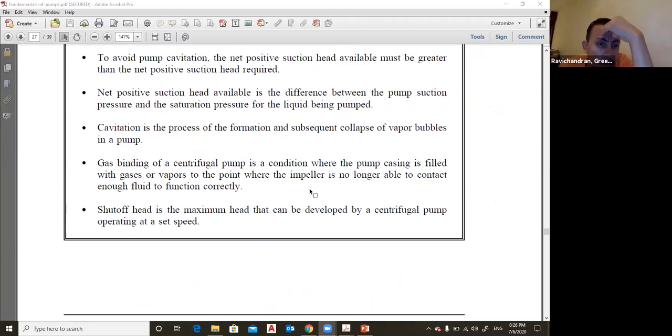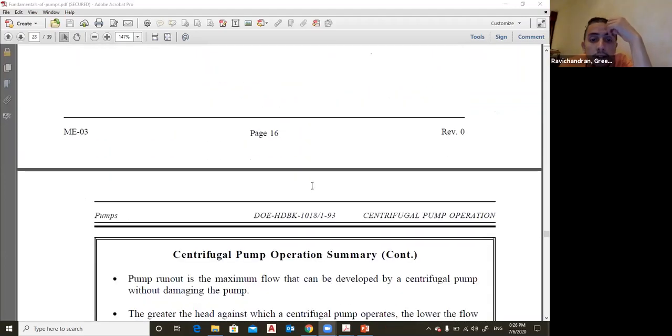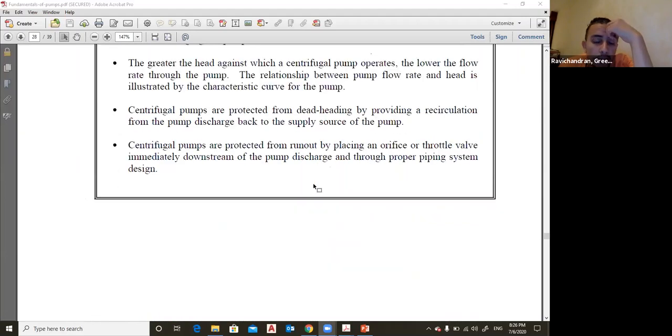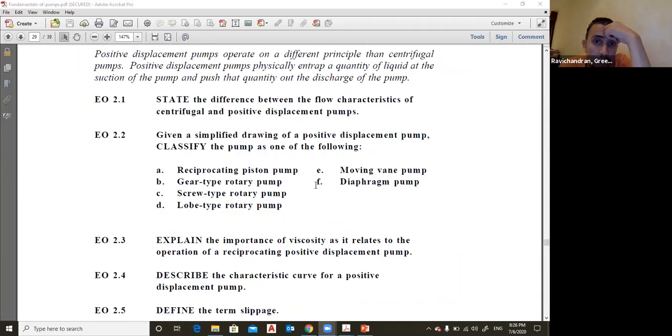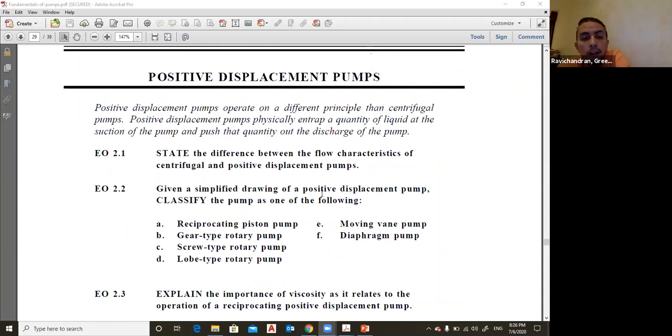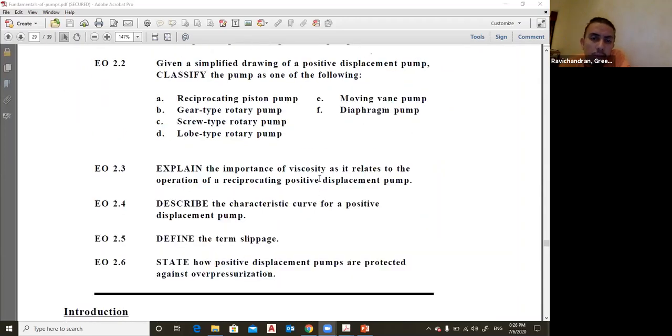There is some information for summary. After the summary, I think we go to the next page for positive displacement pumps. Here it represents some information about different types of pumps like reciprocating pump, gear, screw, lobe, vane, diaphragm.